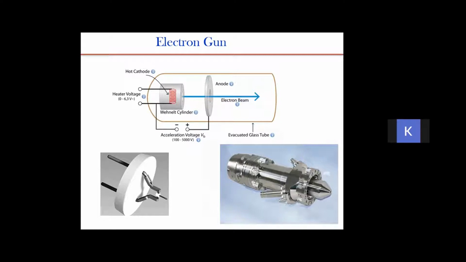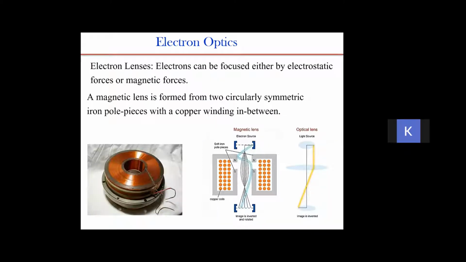Now, regarding the electron optics, I have told that mostly they are magnetic or electromagnetic lens type, and that uses the concept that a moving charge gets deflected by a magnetic or electromagnetic field. So compared to optical lithography, here you have to use an electromagnetic lens instead of a normal quartz or glass lens.